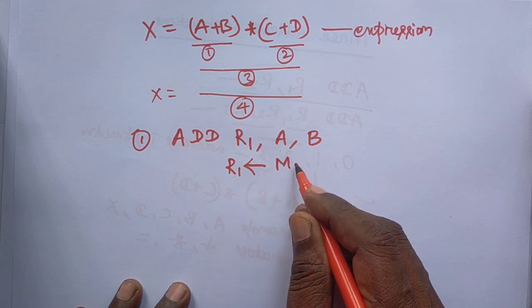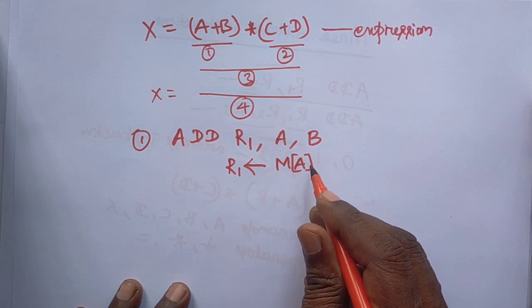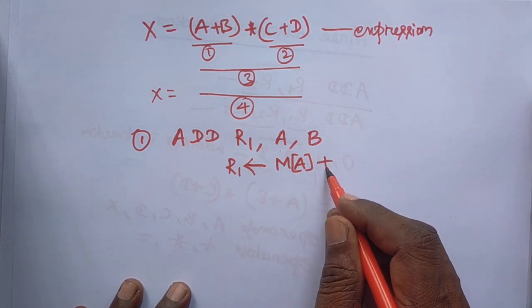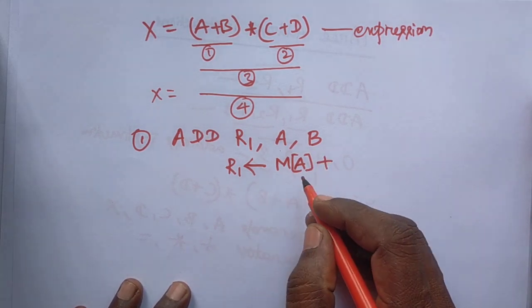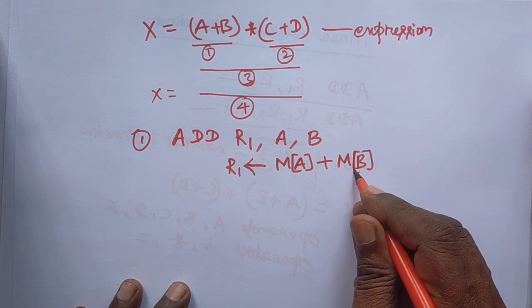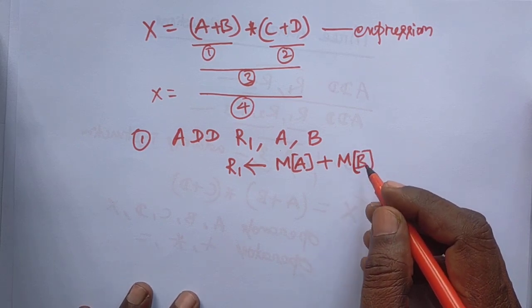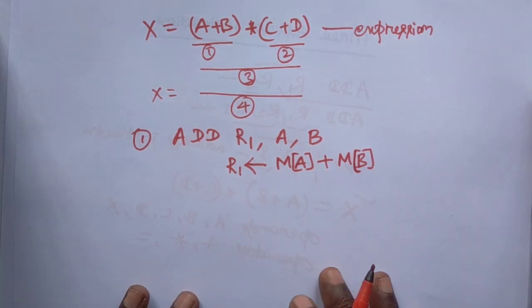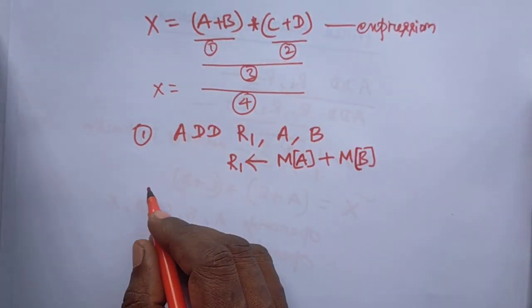Here A means, as I already told, if x, y, z excluding registers, then other data is normally used through memory. So memory of A, memory of B, or content of A and B through memory. Okay, add and store in R1. This is the basic concept. And the first case is over.